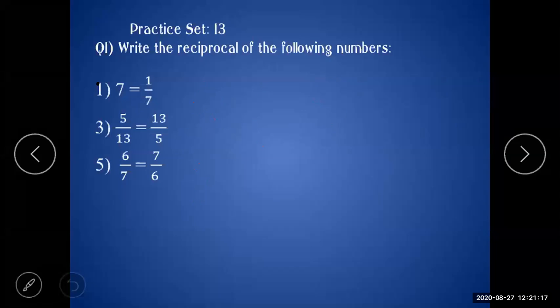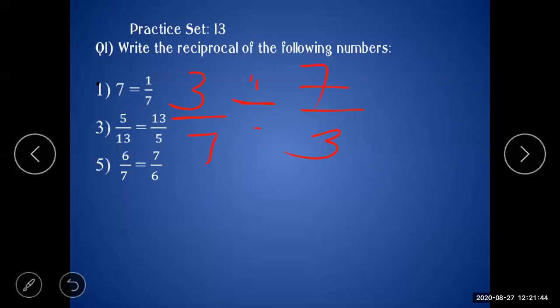I will take another example. Three upon 7 divided by 7 upon 3.